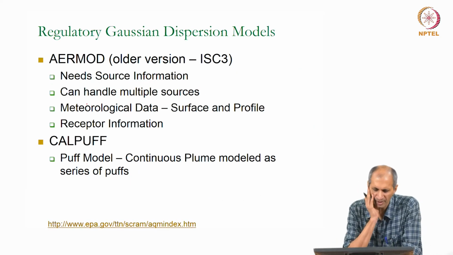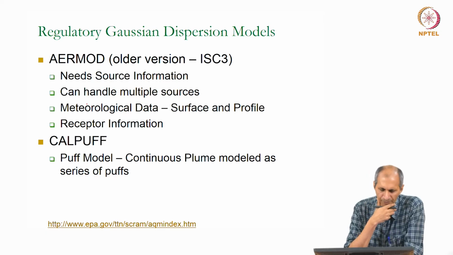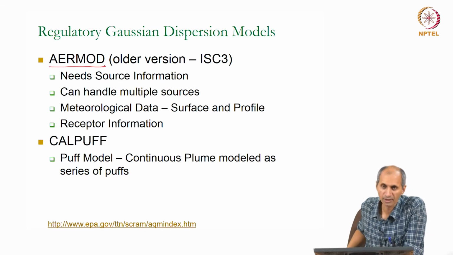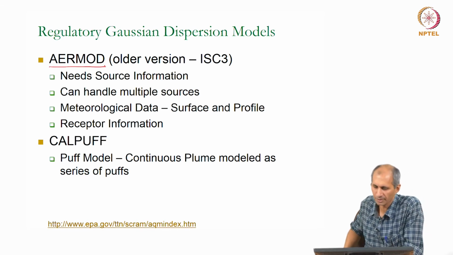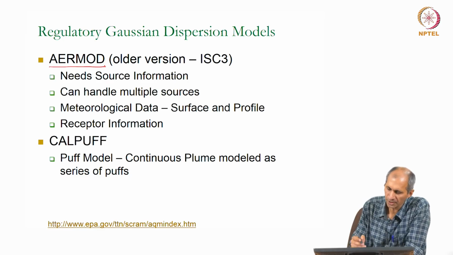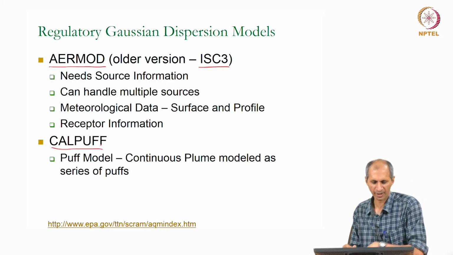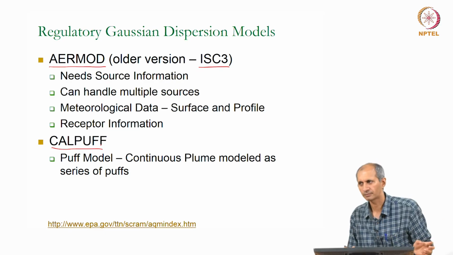So, in the current regulatory framework, there are two models that are used. One is called AERMOD. AERMOD is the current regulatory model. There is an older version called ISC3, okay. And there is a second model which is now currently used called CALPUFF. CALPUFF uses the puff model.